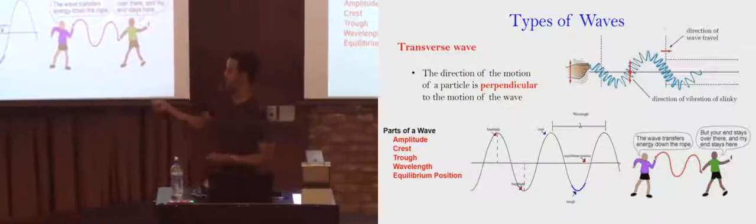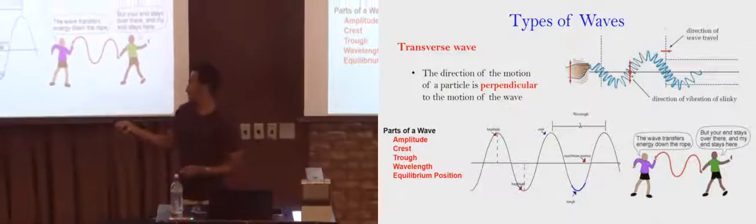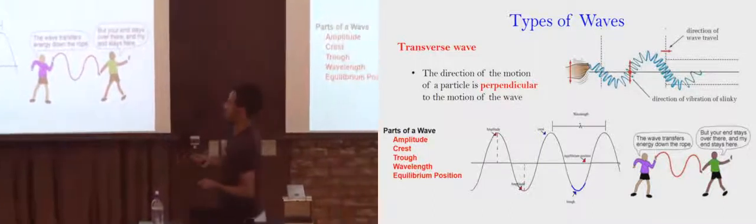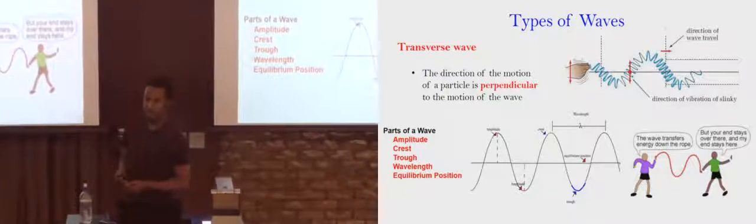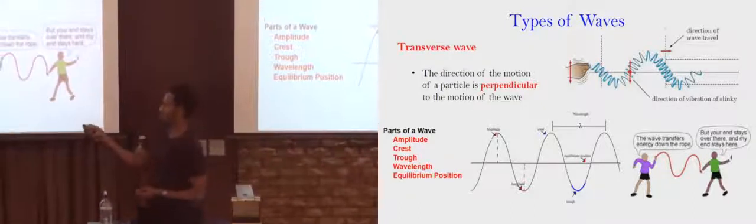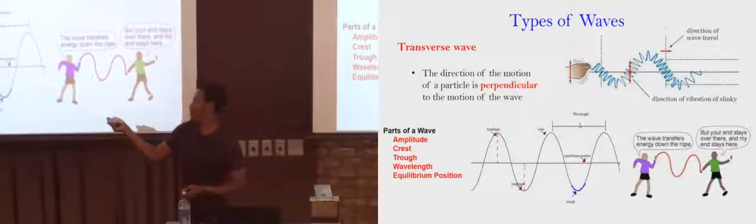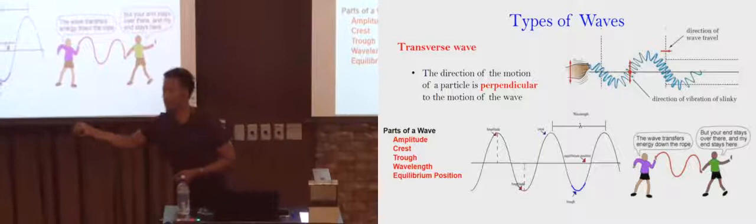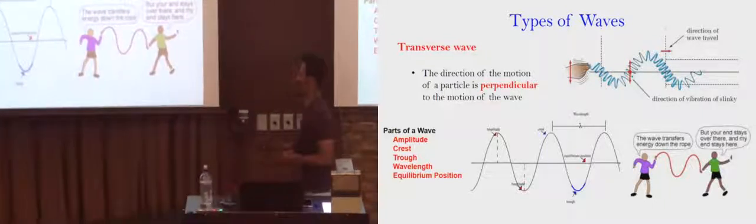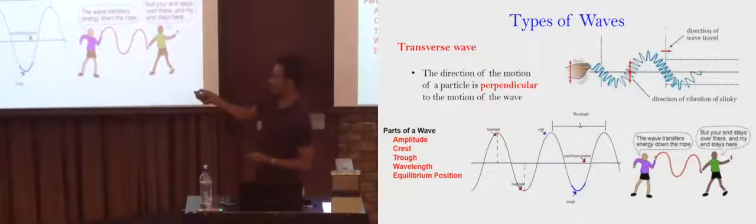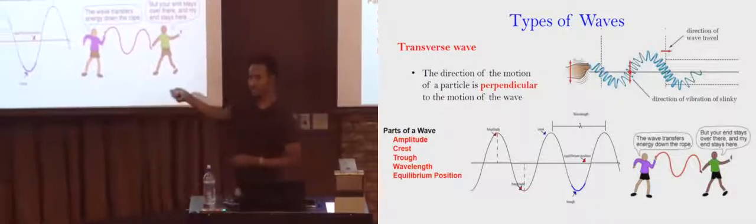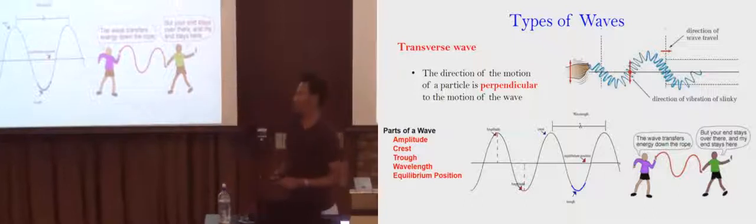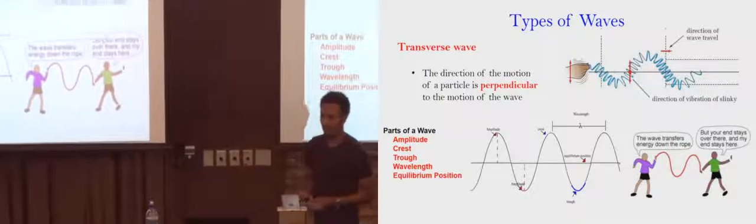And the crest, which is the maximum point, the trough, the minimum point, and wavelength is the distance between two same phase points, or for example, the distance from one crest to another crest, or the distance from one trough to another trough. It's called a wavelength. This is the equilibrium position, or the average point, or the DC point. So these parameters can be used to explain the transverse waves.